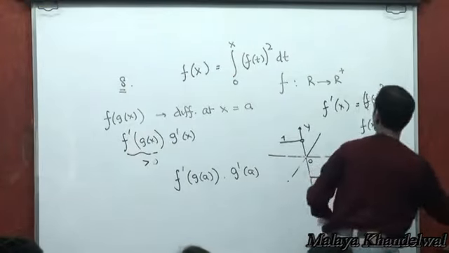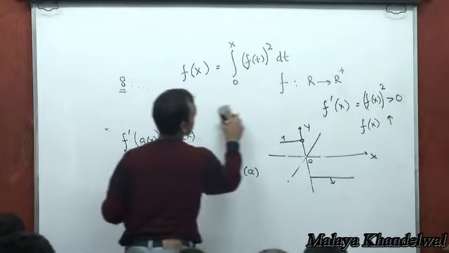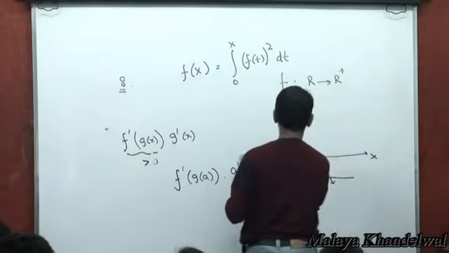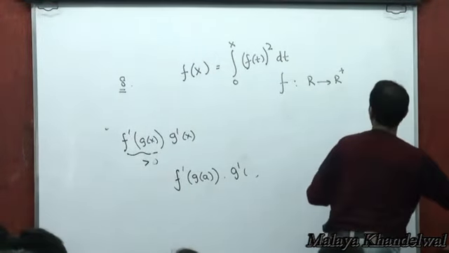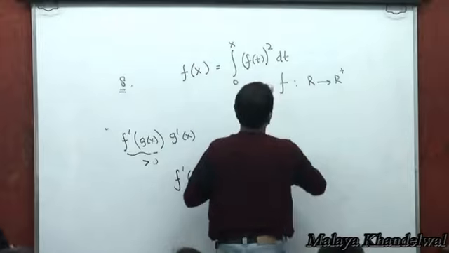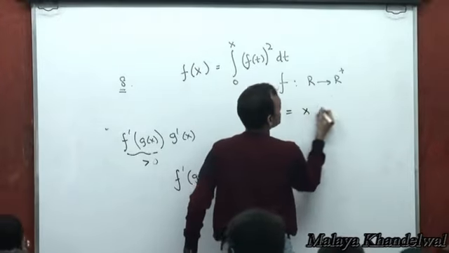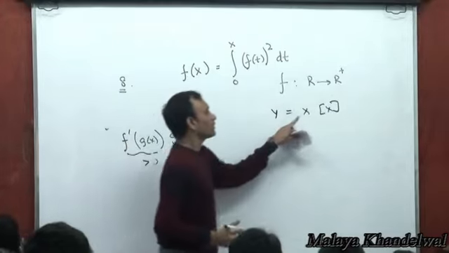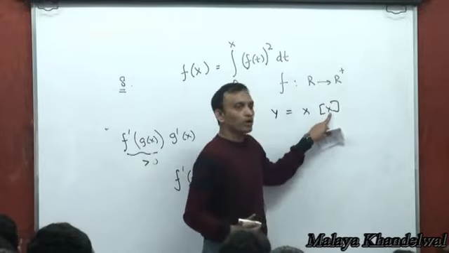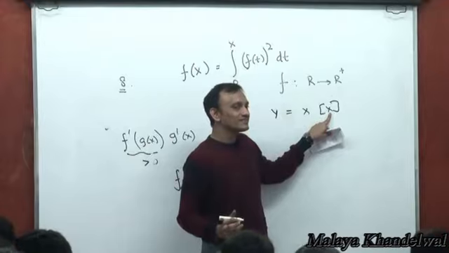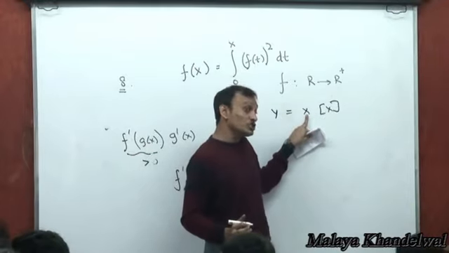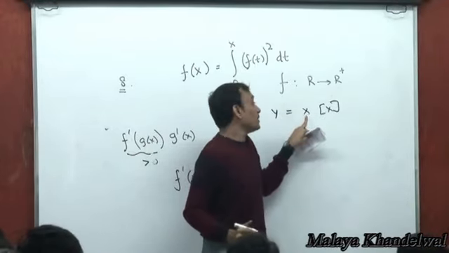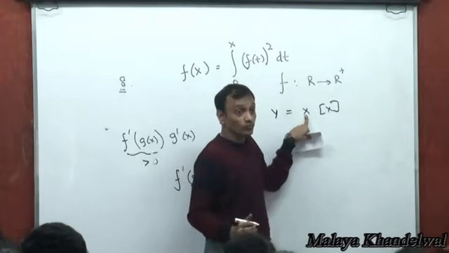For example, if you had y equal to x box x, then at x equal to 0, box of x is discontinuous, but x is continuous. But at x equal to 0, this becomes 0.